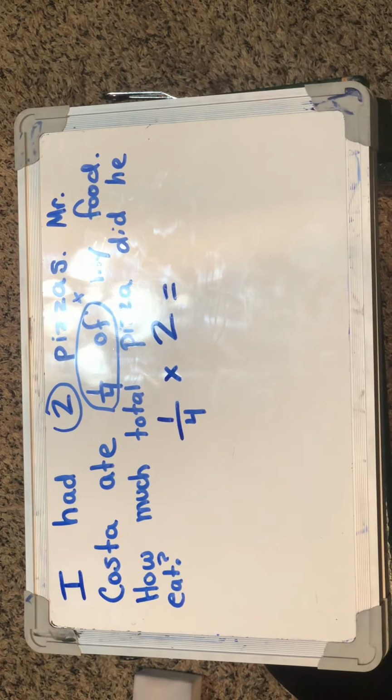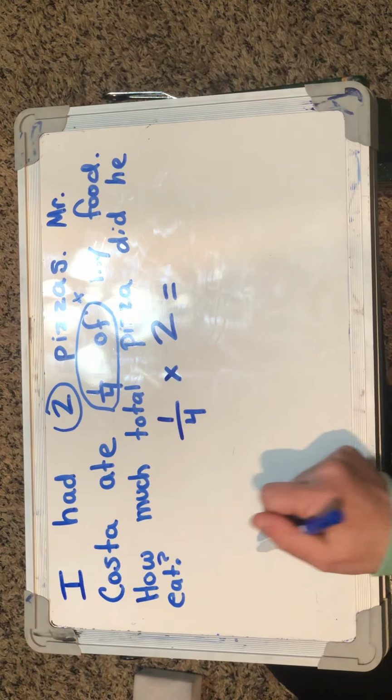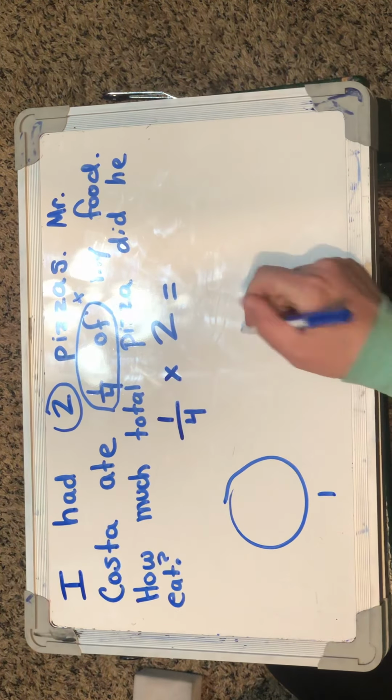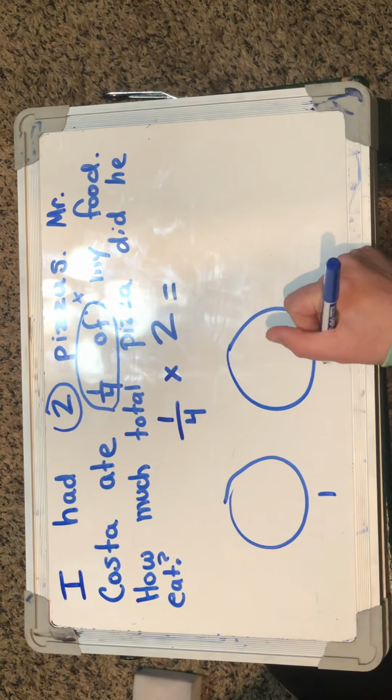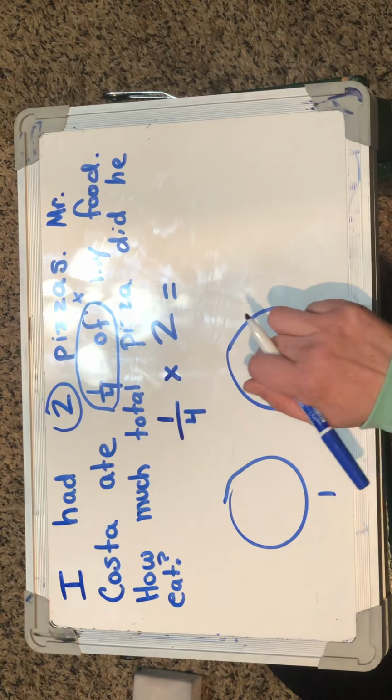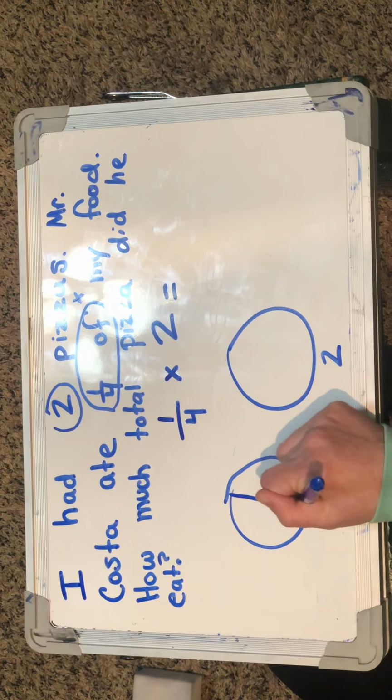And we're going to see what that equals. I'm going to show you the shortcut because I know you and I know that's going to be your best strategy, but I also want to show you in pictures. So here's pizza number 1, whole pizza. Here's pizza number 2, whole pizza. If I was to divide this into 4 equal pieces, that would mean I would have 2 pieces here and 2 pieces here, right?